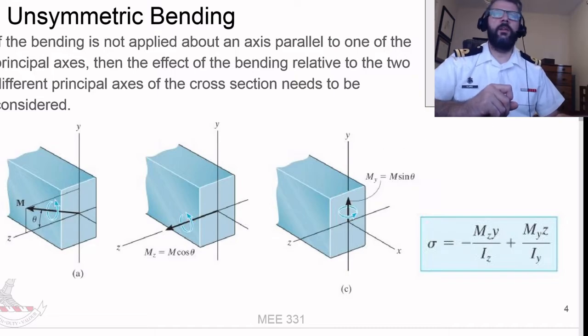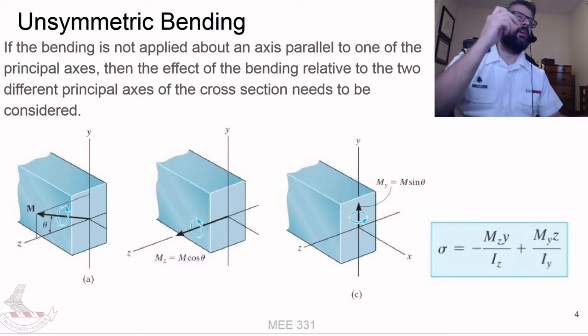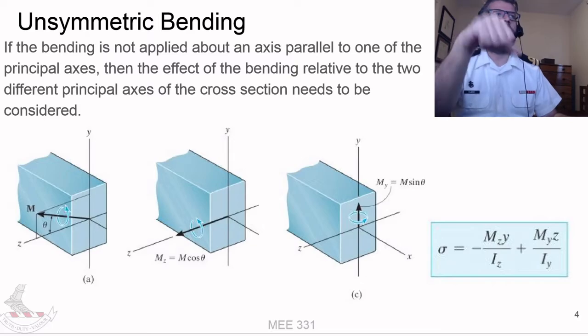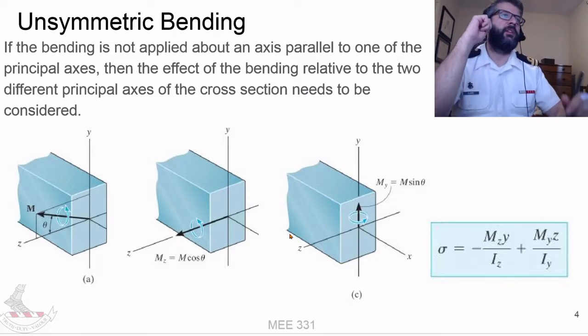So we don't always have symmetric bending. We're not always going to be applying a bending moment about an axis that corresponds to a primary axis, one of the axes about which the I is a maximum or minimum.